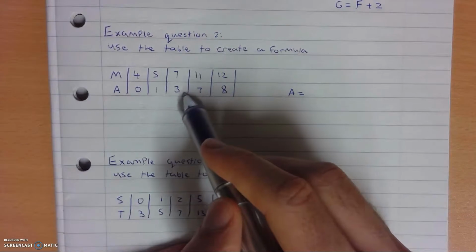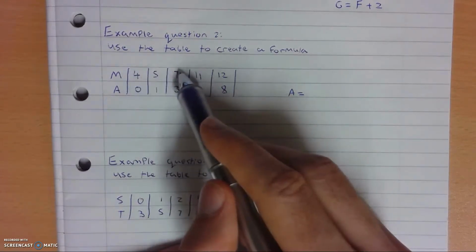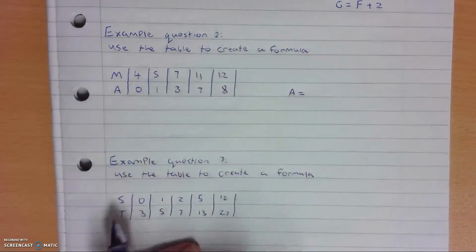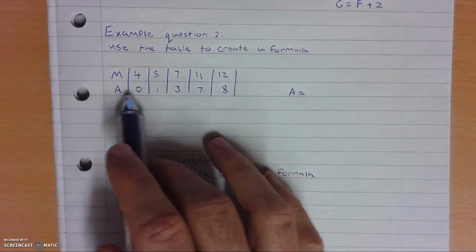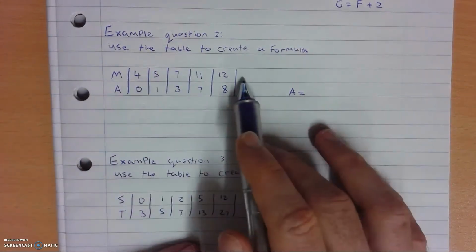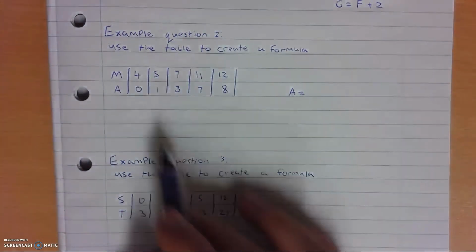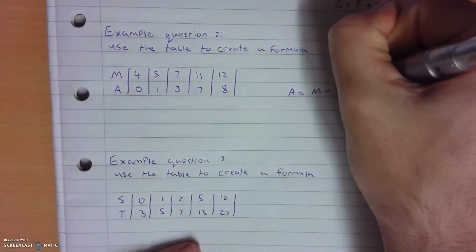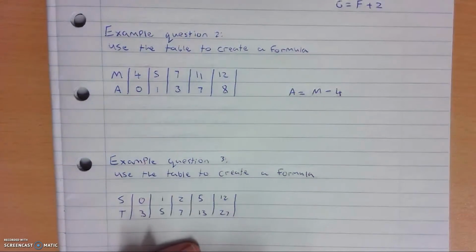A equals 3 will equal M, 7, minus 4. Minus 4 and minus 4. So I can see straight away that all of these A values are the M value minus 4. So A will equal M minus 4.